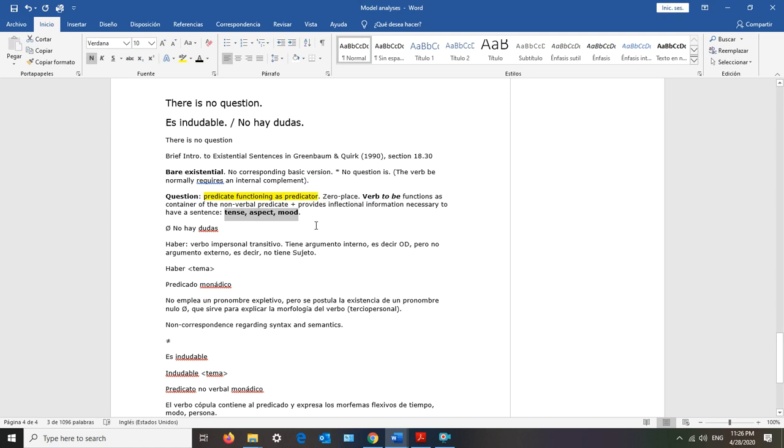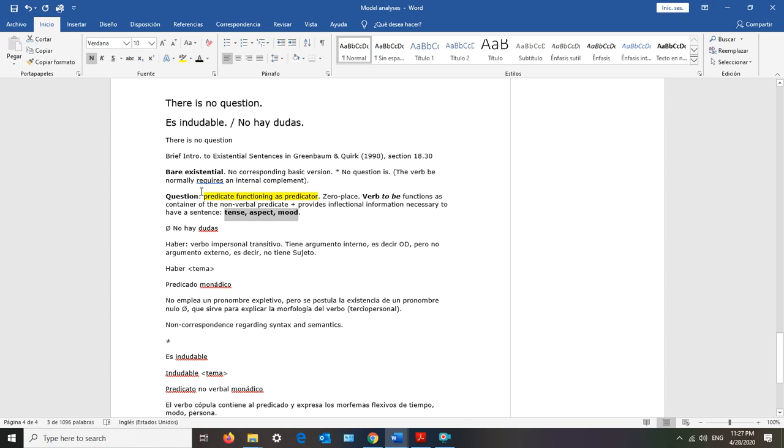And in addition, we need the verb to contain the predicate that cannot inflect for tense, aspect, or mood, and cannot just make sense in a sentence without a verb containing it and providing for these categories that are necessary in any sentence, be it English or Spanish.